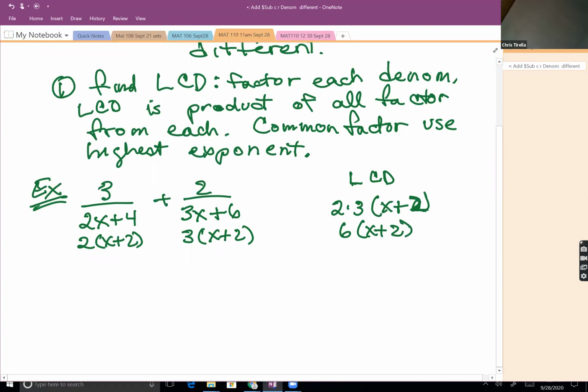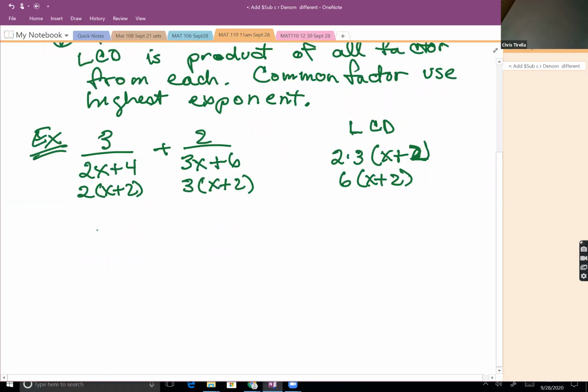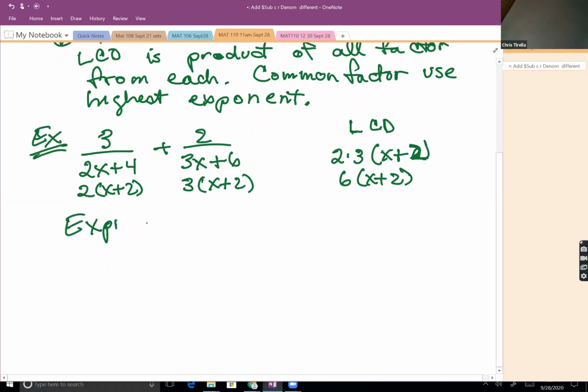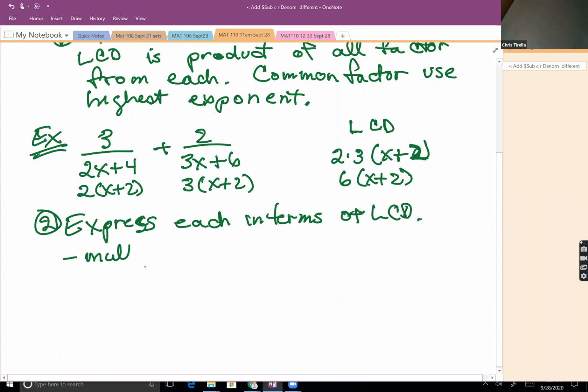So then the next thing we do is we express each fraction in terms of the common denominator. In order to do that, we're going to multiply both the numerator and the denominator by any missing factors.